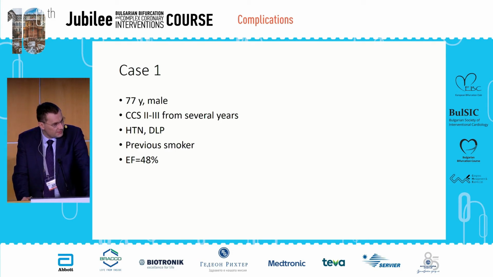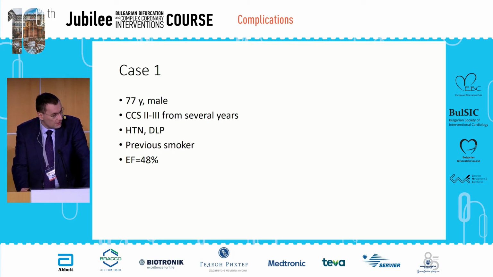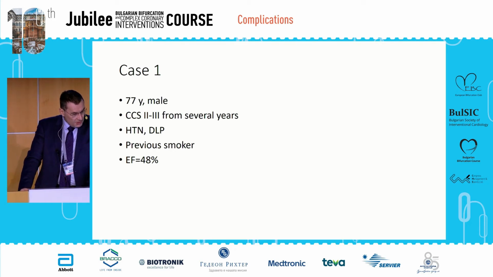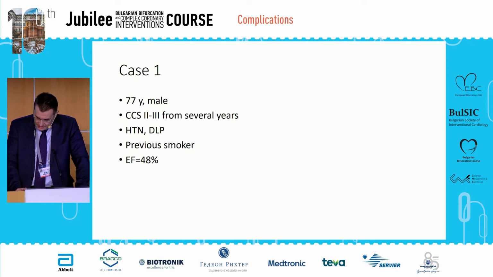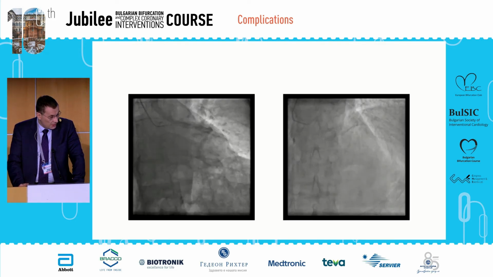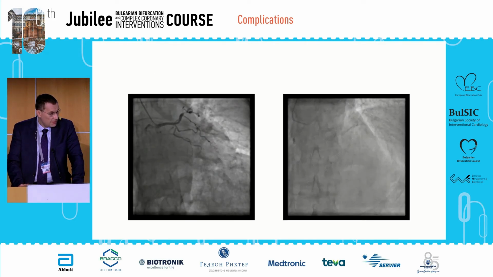This is a 77-year-old male with stable angina for several years. The patient had hypertension and dyslipidemia, and he is an ex-smoker with mid-range ejection fraction.